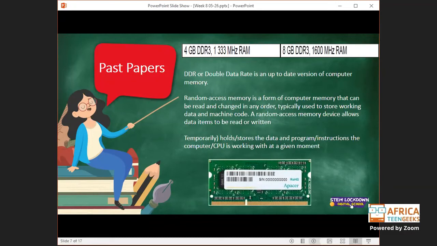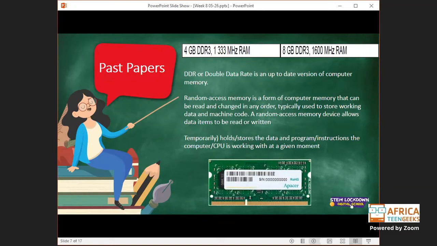Okay, then the RAM is random access memory, and that forms part of memory that can be read and changed in any order. Okay, so that's your normal, typically used to store working data and machine code. And random access memory devices allow data to be read and written.